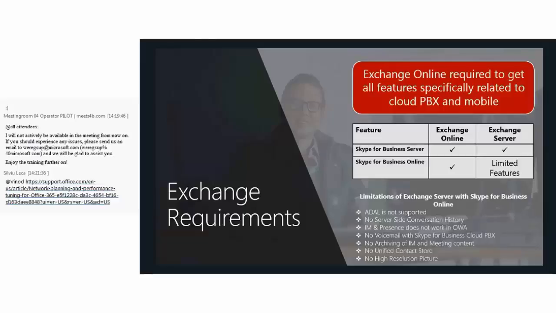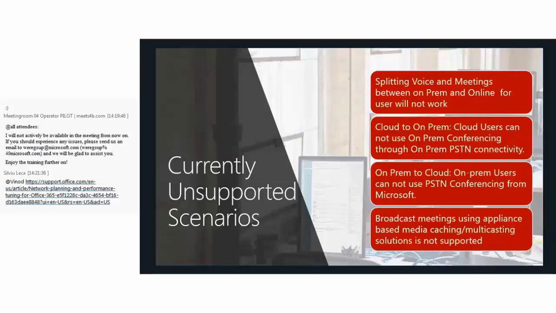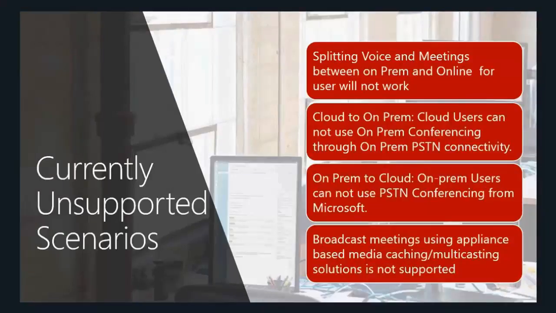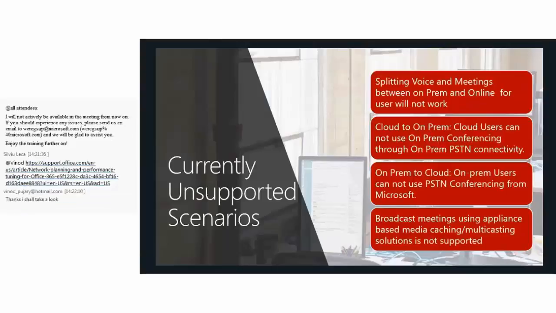Now we have also very briefly enumerated some currently unsupported scenarios. For example, it is not supported to split voice and meetings between on-premises and online for users. So this won't work.